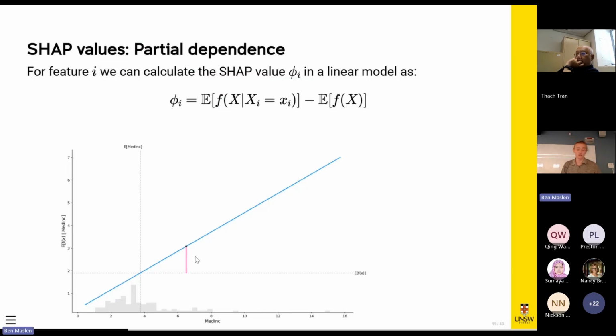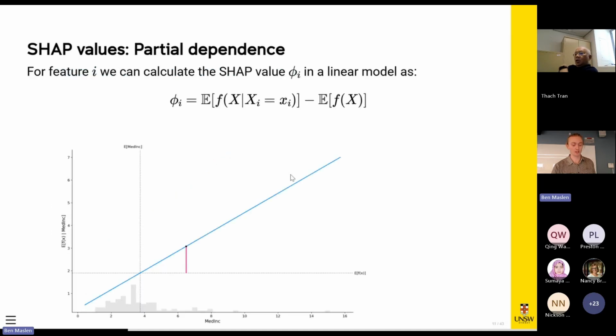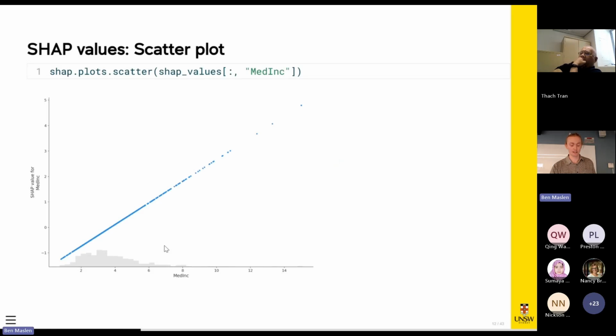And we do this for every sample in our data set. So for each block of houses, we calculate this SHAP value. Okay, and we can plot these SHAP values, and you can see it's now just a mean-centered partial dependence line. It looks very similar in this setting.